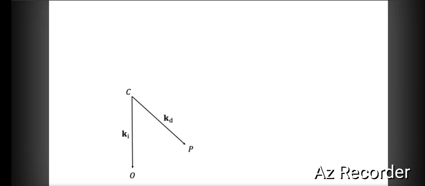Ki and Kd are sharing the same tail C, but Ki has its head at O and Kd has its head at P. Of course, we actually don't know the direction of Kd, but still we know something about Kd: because the scattering is elastic, the wavelength of the diffracted wave is the same as the wavelength of the incident wave.